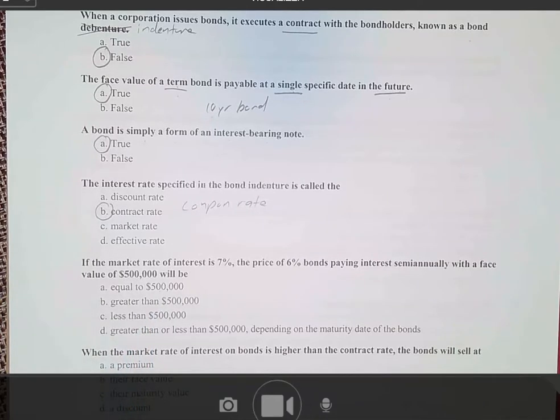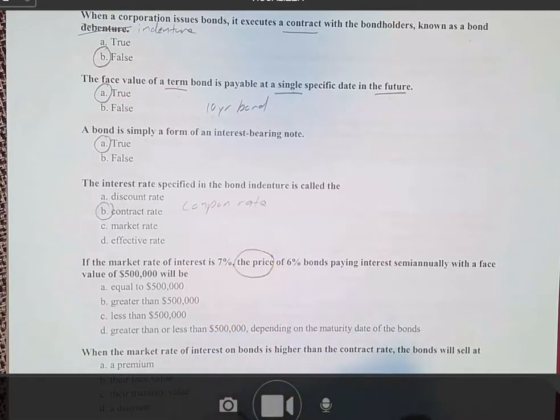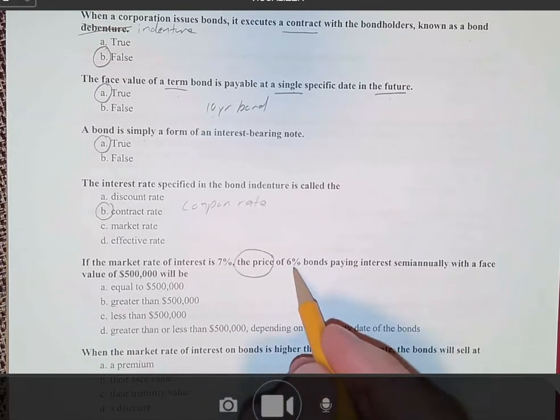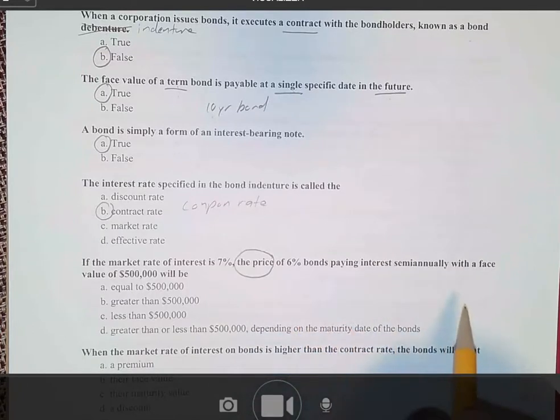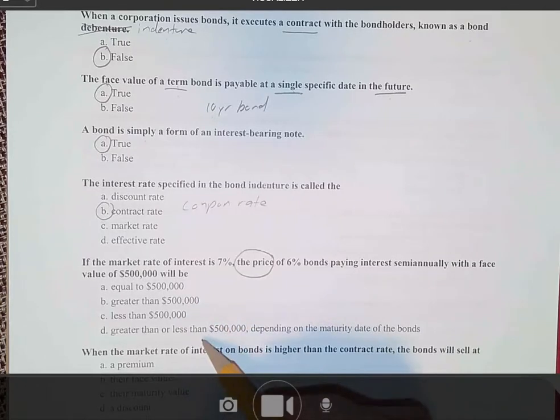So let's read the question again. It says, if the market rate of interest is 7%, the sales price for these $500,000 in bonds that are paying 6% interest will be equal to 500,000, greater than 500,000, less than, or it depends on the maturity rate of the bonds.